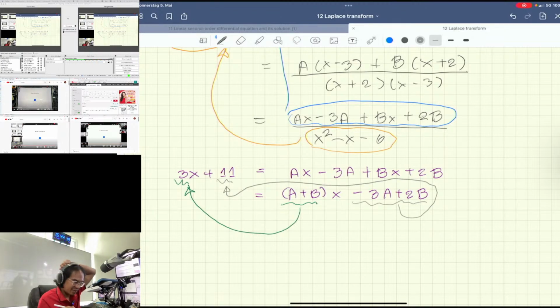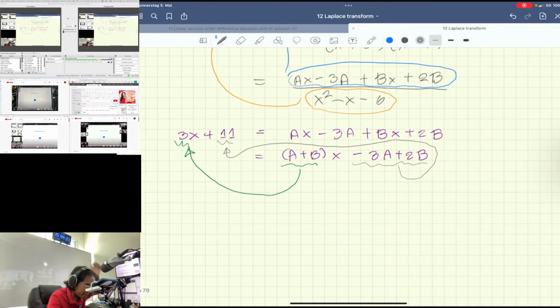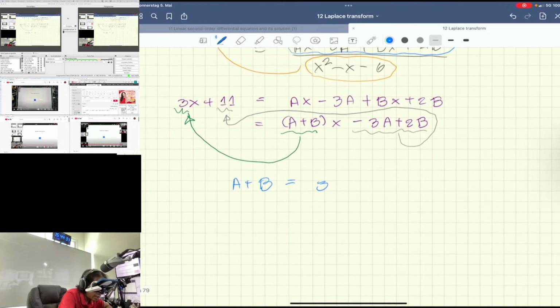Okay, so it means we have two equations. We have two equations: A plus B equals 3, that's the first equation. The second equation is that minus 3A plus 2B will be equal to 11. That's equation number 2.